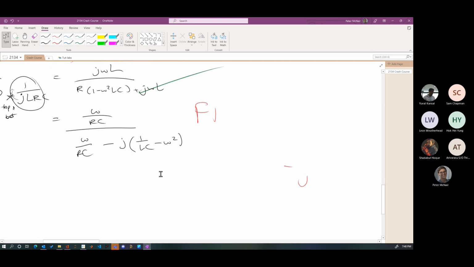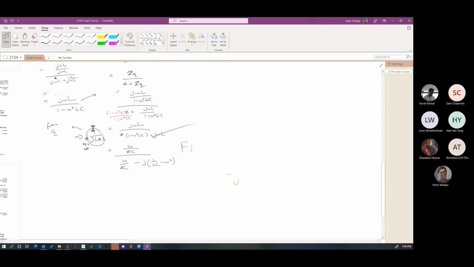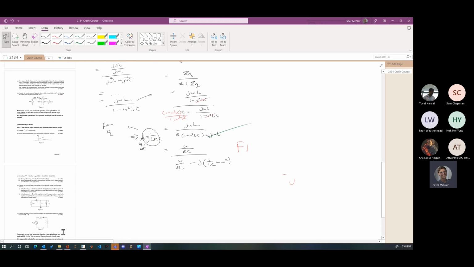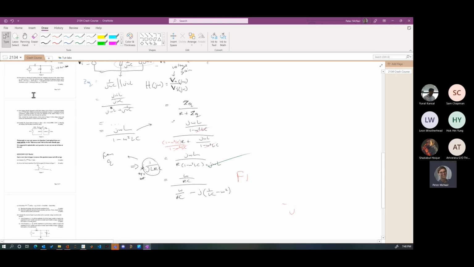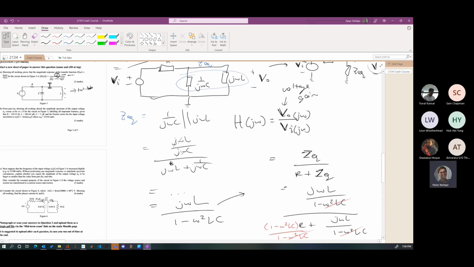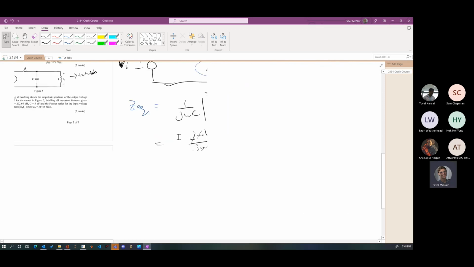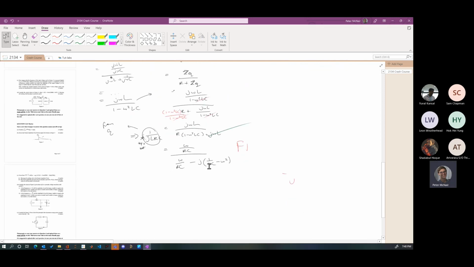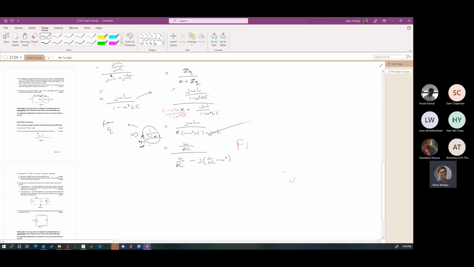And so if we come back to our initial, looking for a magnitude response, beauty. So this is our final H of J omega.